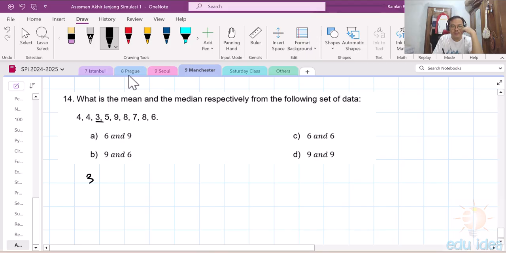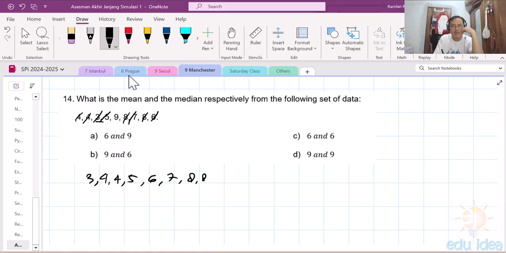There's 3 over here, and then we have 4, 5, 6, 7, 8, and the last one. Now 1 2 3 4 5 6 7 8 9, so we have 9 data. To find the mean, just add everything and divide by 9. So just add them together.